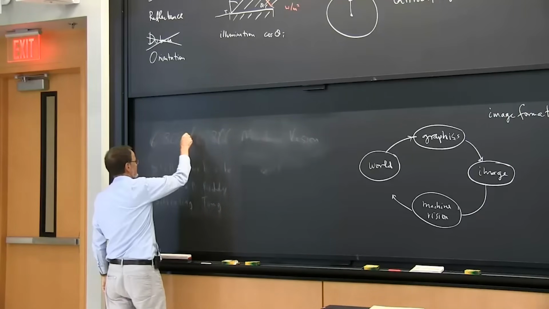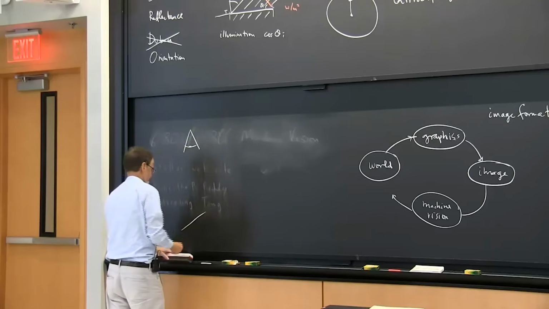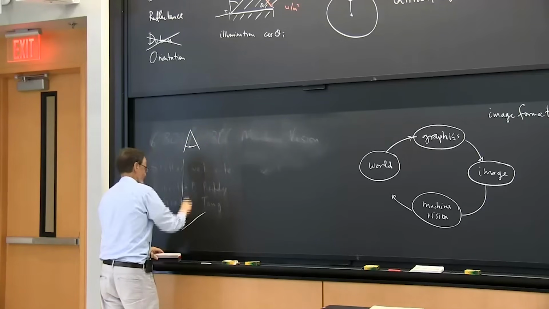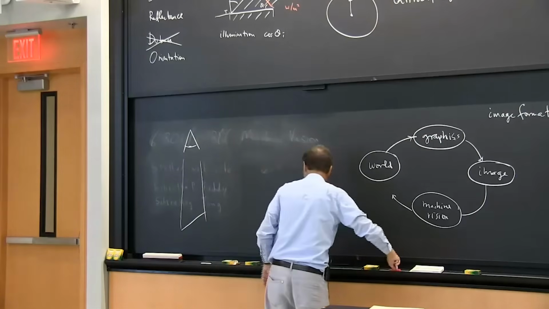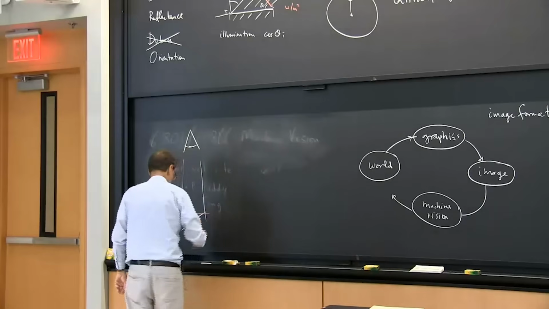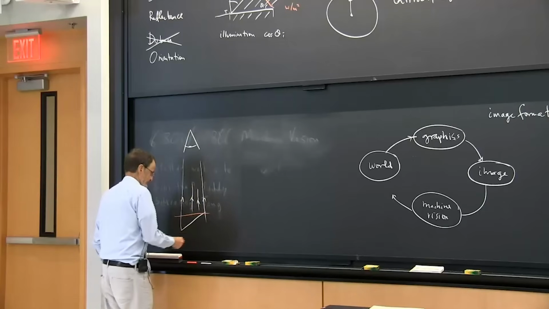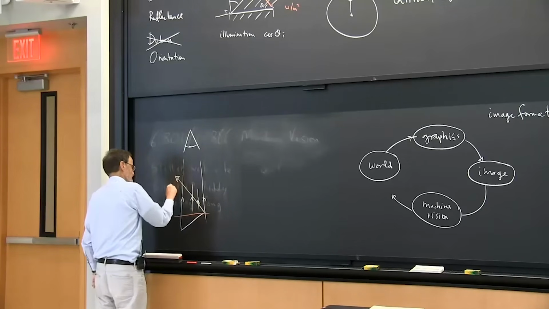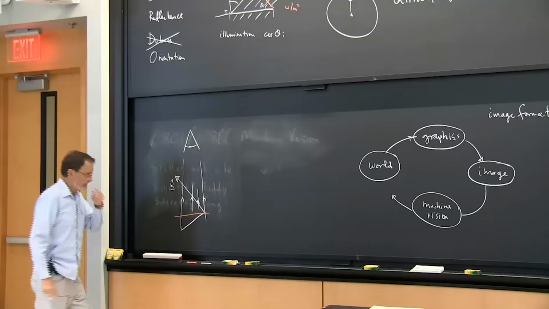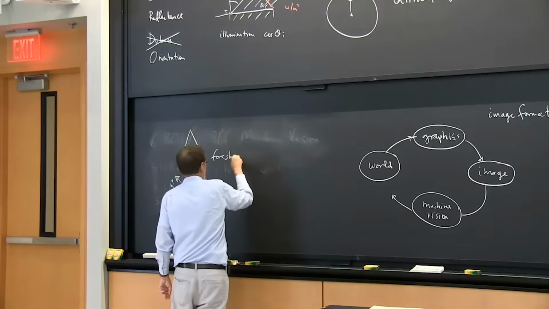Okay, so it's really the same geometry, except now the rays are going in the other direction, and I have a foreshortening on the receiving end as well.